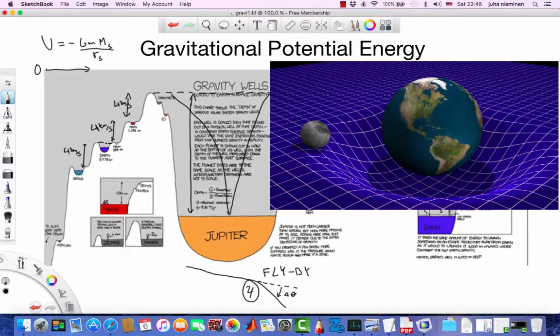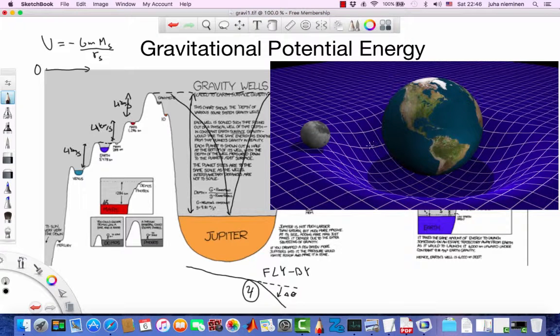But what also happens is that when objects are somewhere in the fabric, time runs differently. You have come across this idea of time dilation when objects are going at fast speeds, for example, like the GPS satellites. And it's not only their speed, but also their location in the potential well.